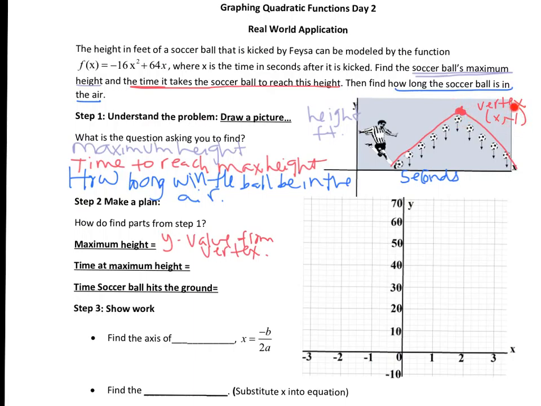The y value represents the height, and the x value represents the seconds. How long will this take to get to the maximum height? That will be the x value from the vertex.